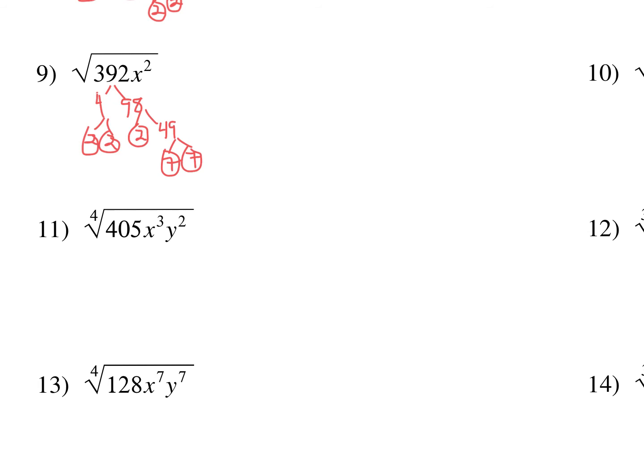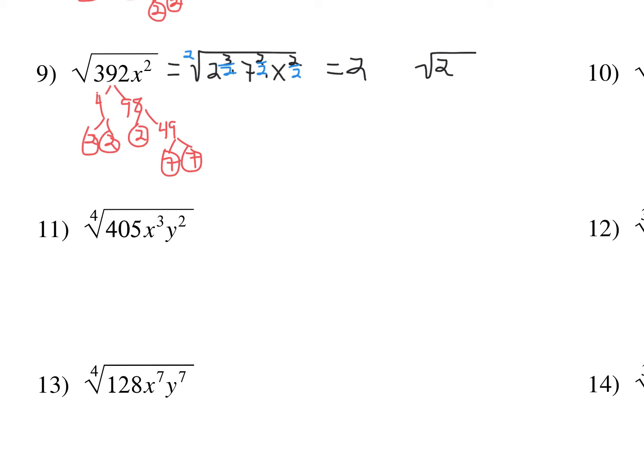So the 2 is prime, but the 49 becomes 7 and 7. Then I'm going to write everything exponentially. I have 2 to the third, times 7 squared, times x squared. It is understood that your index here is 2, so I'm going to divide each of these by 2. 2 goes in here once with 1 two left over, so I have a 2 out in front, and underneath the square root I'm going to have a 2 left.